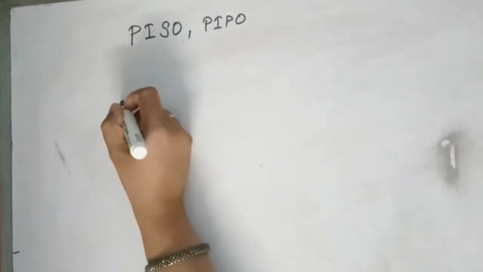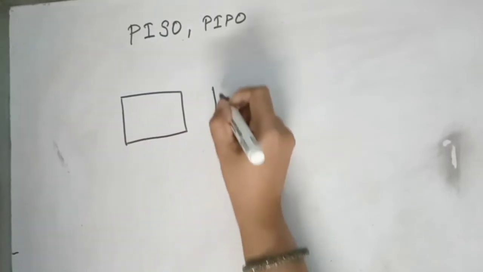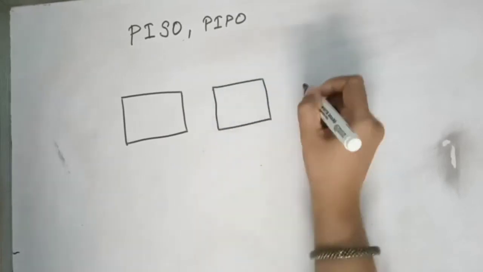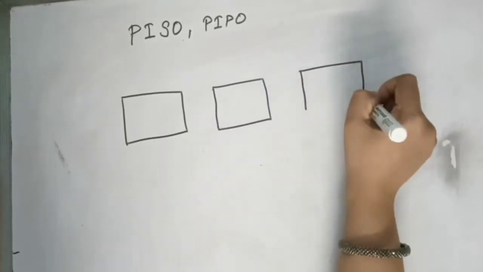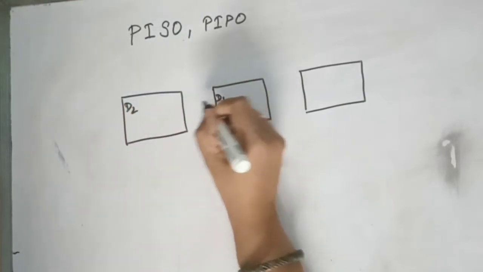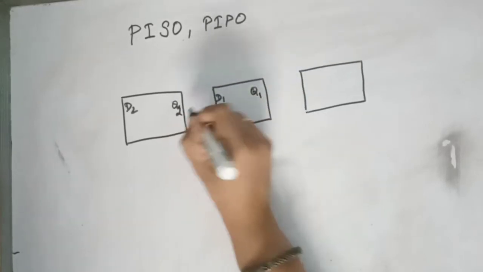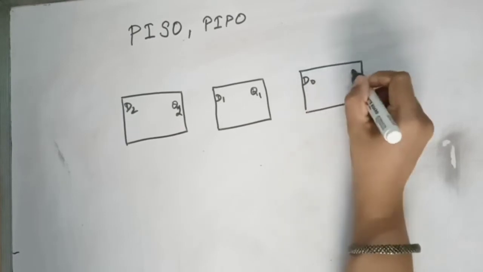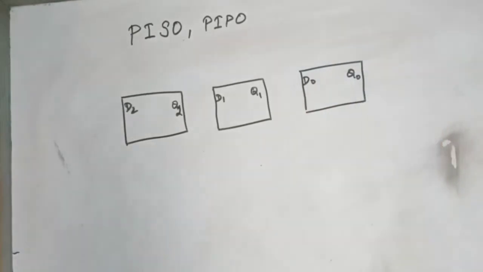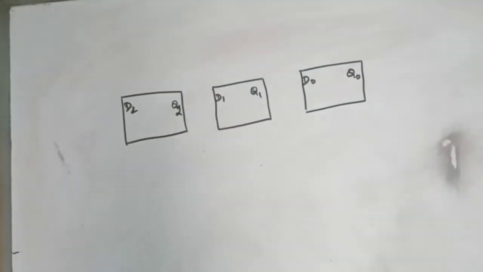So again we have 3 D flip-flops, D2, D1, and D0. And we know that you have a preset.